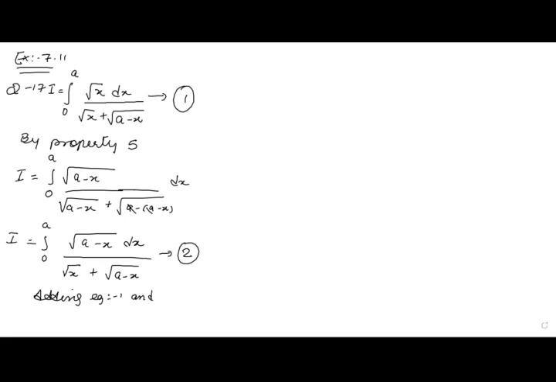If I add equation 1 and equation 2, then I will get I plus I as 2I, taking common integration as both of them have the same limits.